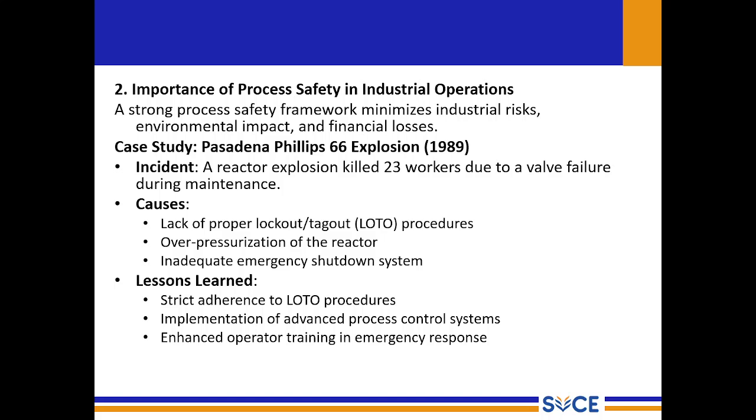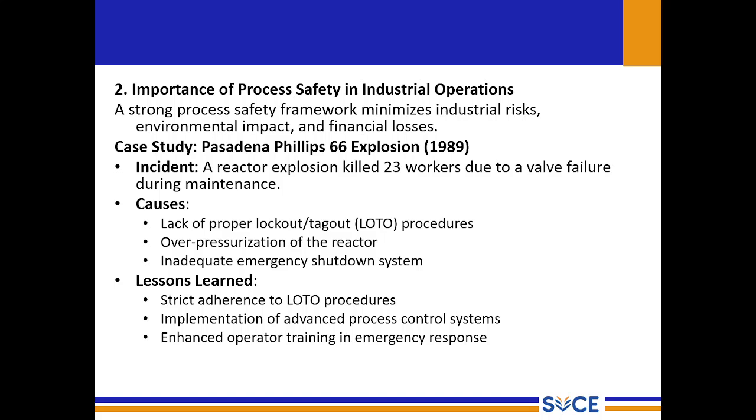A strong process safety framework minimizes industrial risk, environmental impact, and financial losses. This incident, the Pasadena Phillips 66 explosion, happened on October 23, 1989, in Pasadena, Texas, at the Phillips 66 petrochemical complex.